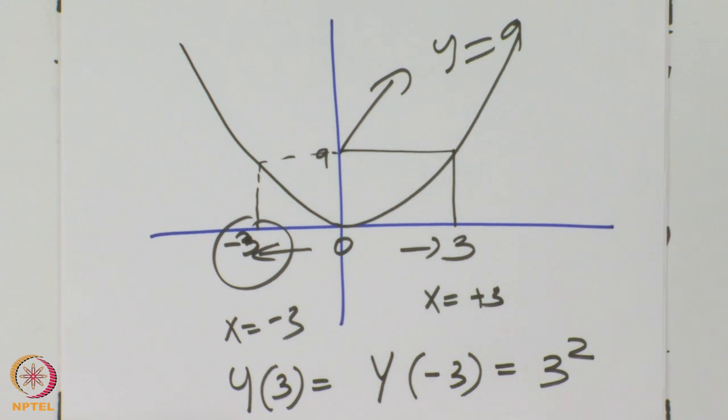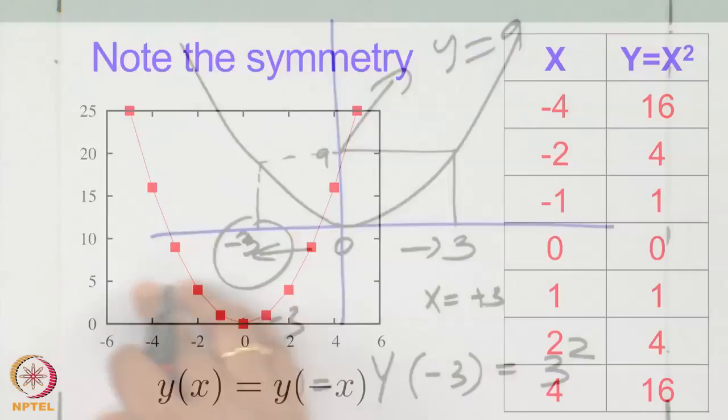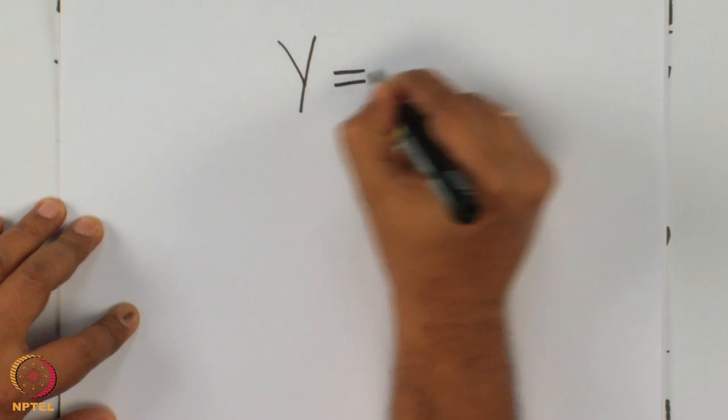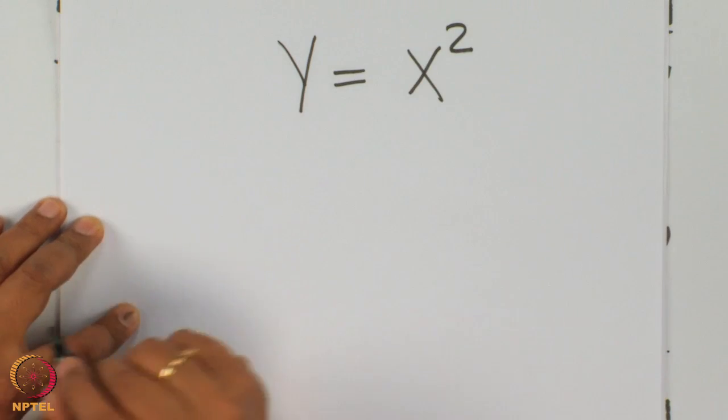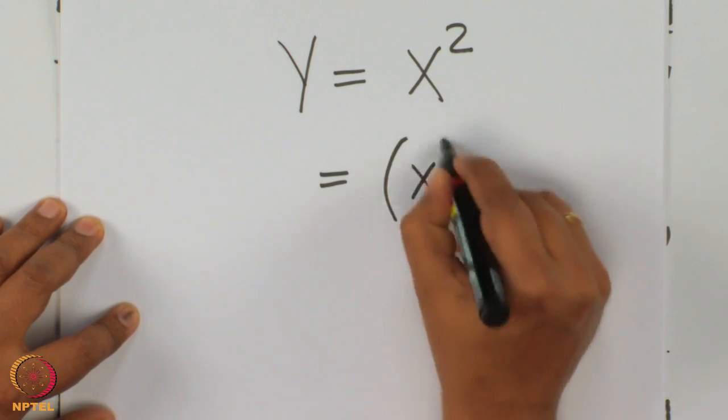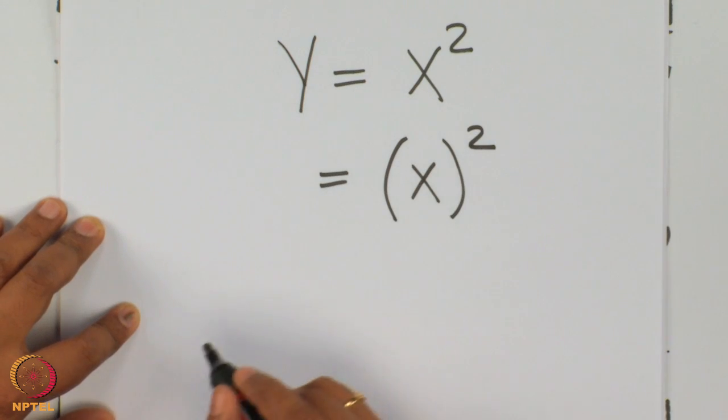When x is put as minus x, the function is exactly the same. That you can see just by examining the function. And I want you to understand this symmetry a little bit carefully, because very often, y is equal to x square, whatever the x value you put, we are finding the square of this.